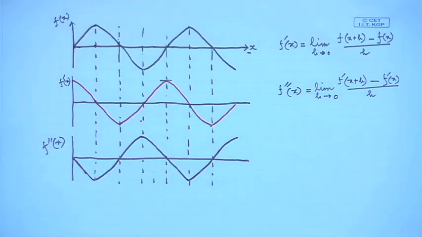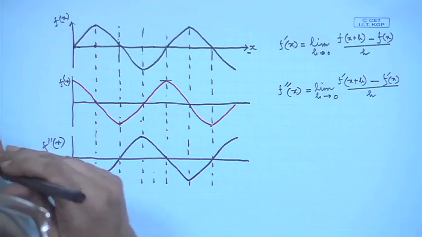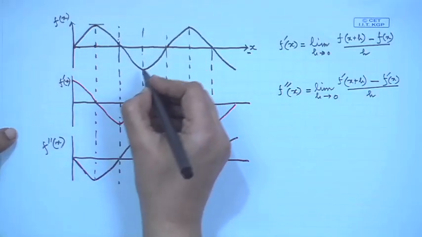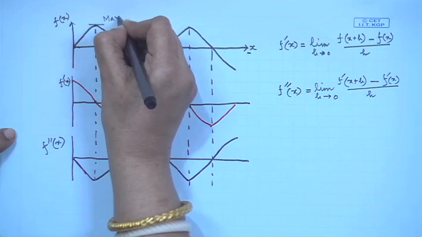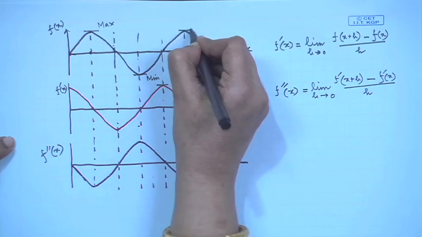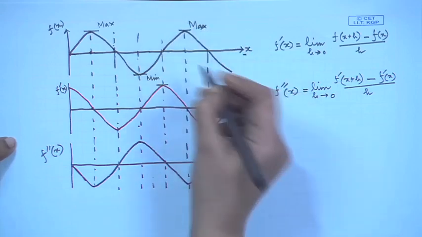What is the nice thing you are noticing here? If I consider the original function f(x), this function has local and global minimum, local and global maximum, as I defined the local minimum and local maximum earlier. So I can say here is one local maximum, here is one local minimum, here is again a local maximum, that way.